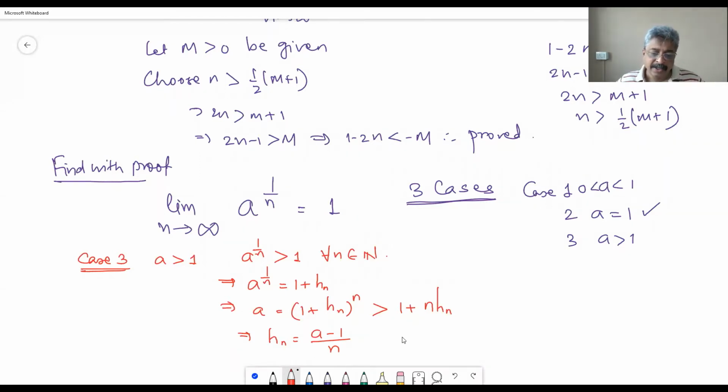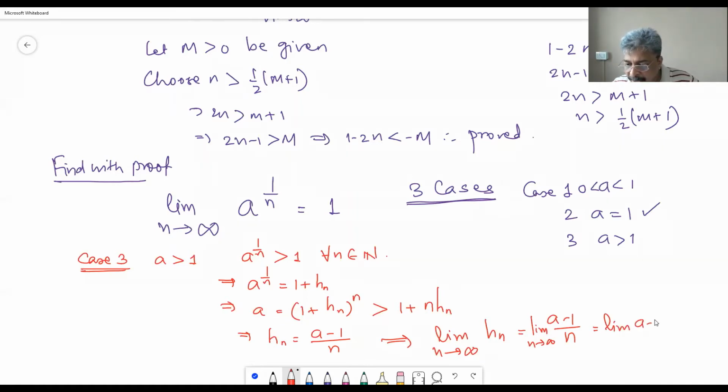Now you observe that a is greater than 1, therefore this numerator is positive and n is tending to infinity. So limit n tends to infinity of h_n, what will happen to h_n? It will be a minus 1 upon n, which is limit of (a minus 1) as n tends to infinity into limit of 1 upon n as n tends to infinity.